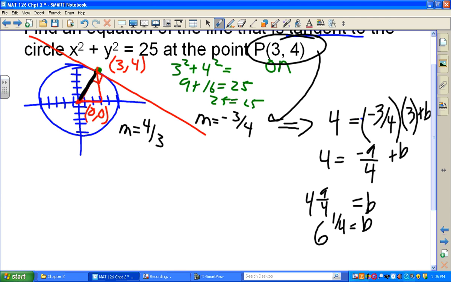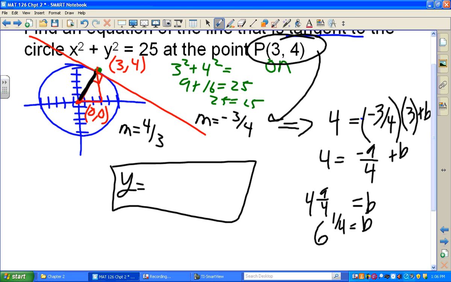Or if you want to get fancy, 25/4. So the answer to the question: y equals negative 3/4 x plus 25/4. Is that right? I like that. Nice question. Work your way through it. Remember a little geometry. Life's good.